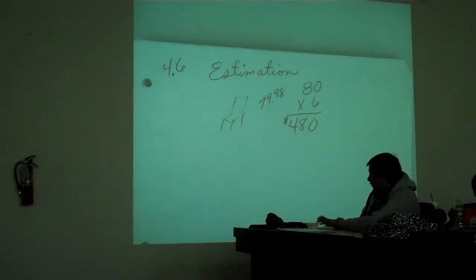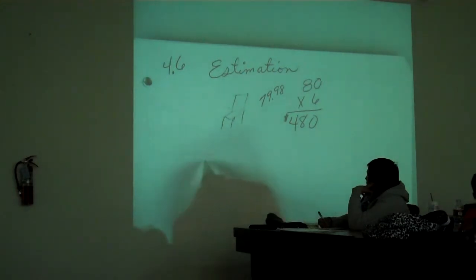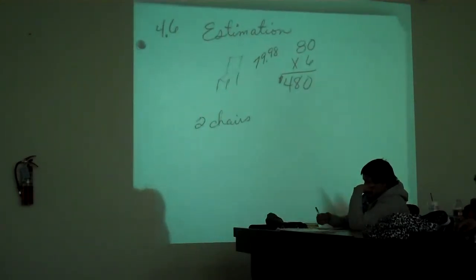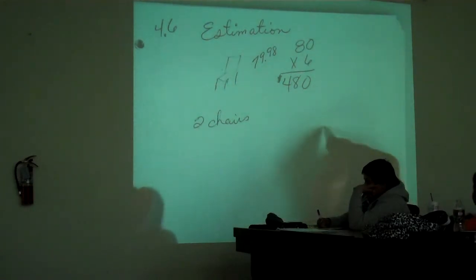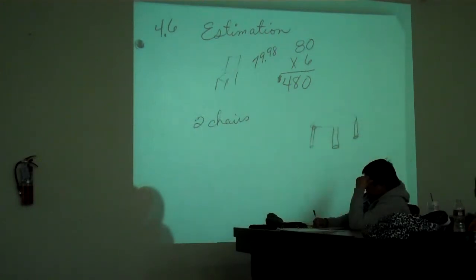If you were adding 2 things, say you were going to buy 2 chairs, and there was a brand new table, okay? I don't know how to draw tables. Anyway, we have a table over here.